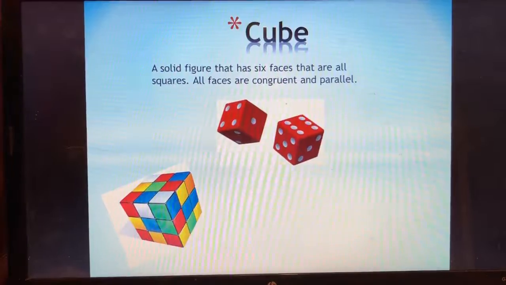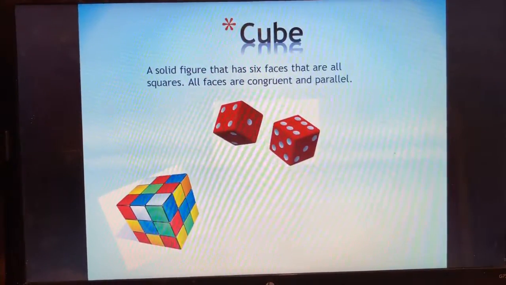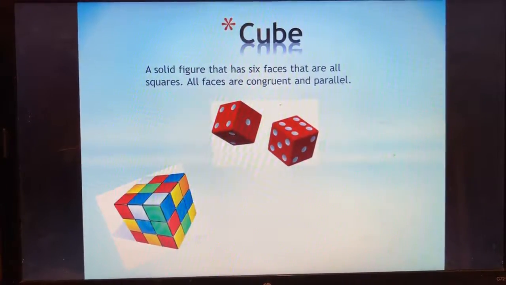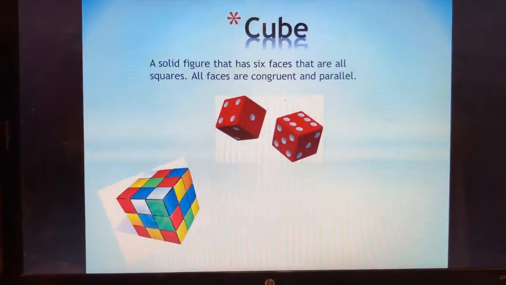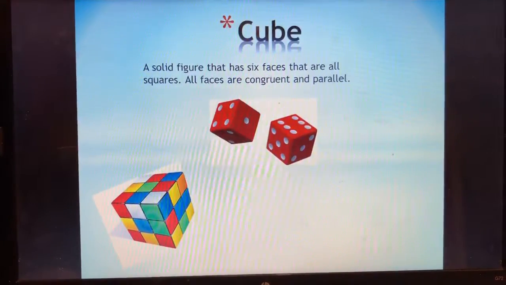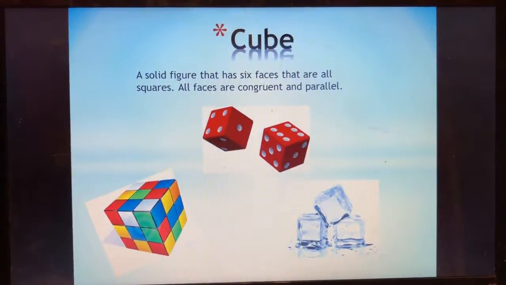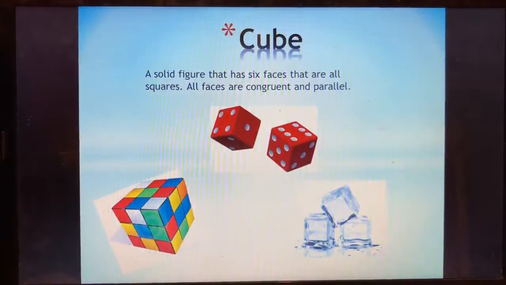Then we have a picture of dice, and you can see that those are a cube shape, that they follow the definition of a cube, and have the 6 faces, and they're all squares and all congruent and parallel. And lastly, ice cubes would be another real world example.